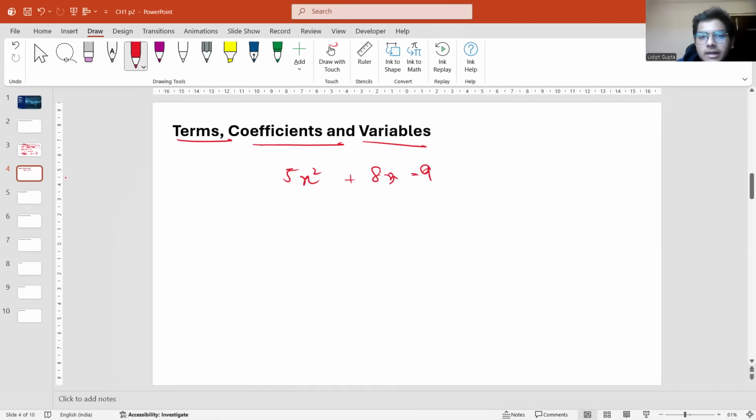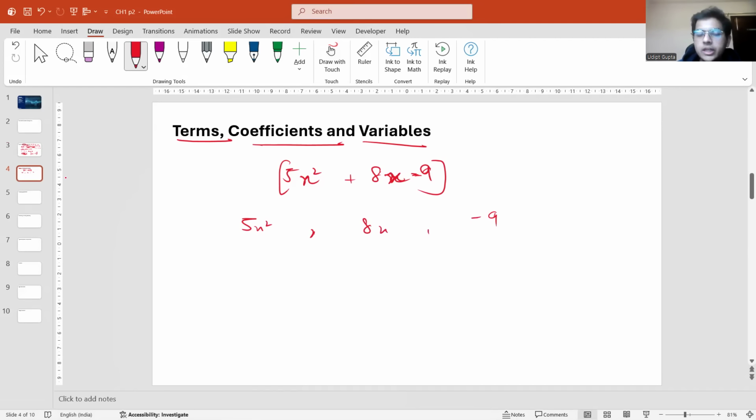That's all I'm taking. This is an algebraic expression. What are the different terms of it? Everything that is taken separately, all the numbers separated by the operators, are the terms. So 5x square, 8x, and minus 9 are your terms.